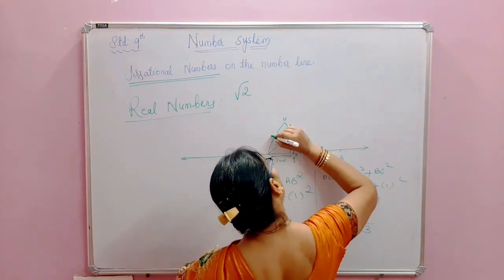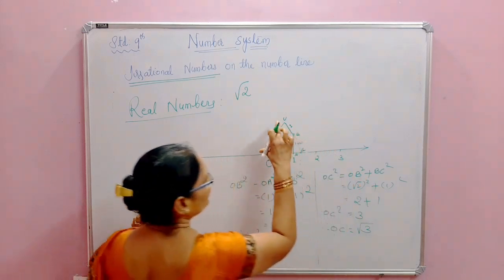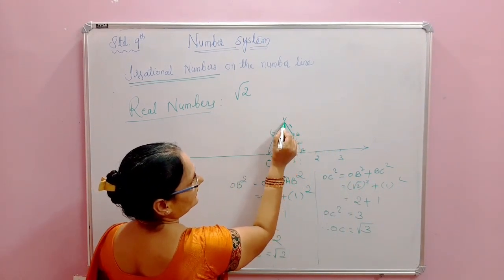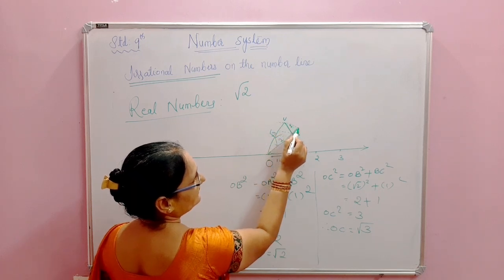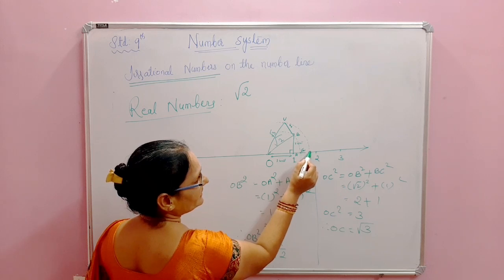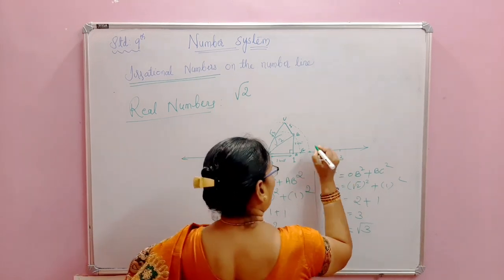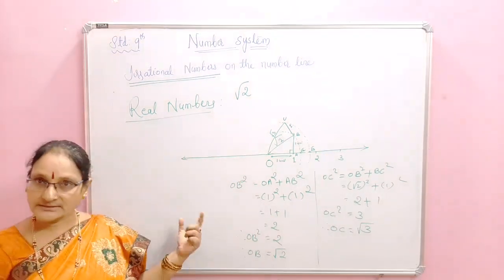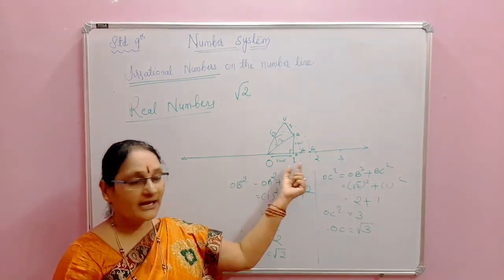Now, take the radius of OC. Just draw an arc here like this. So this is root 3 on the number line. That also lies in between 1 and 2.